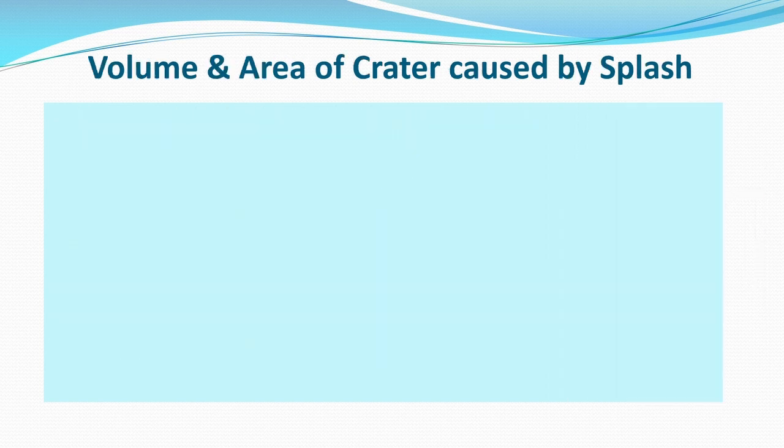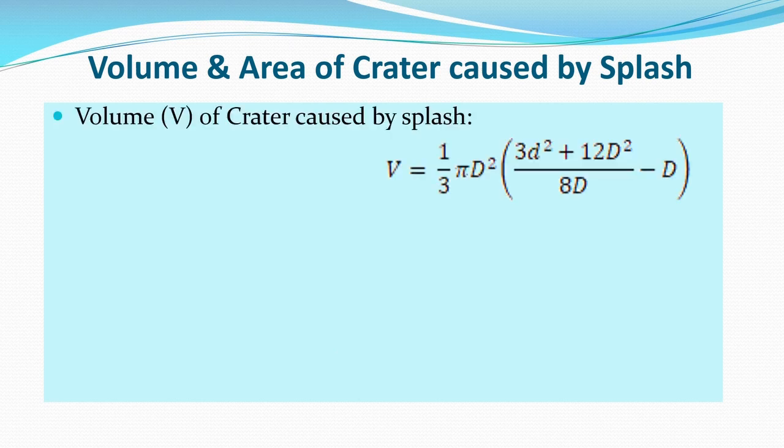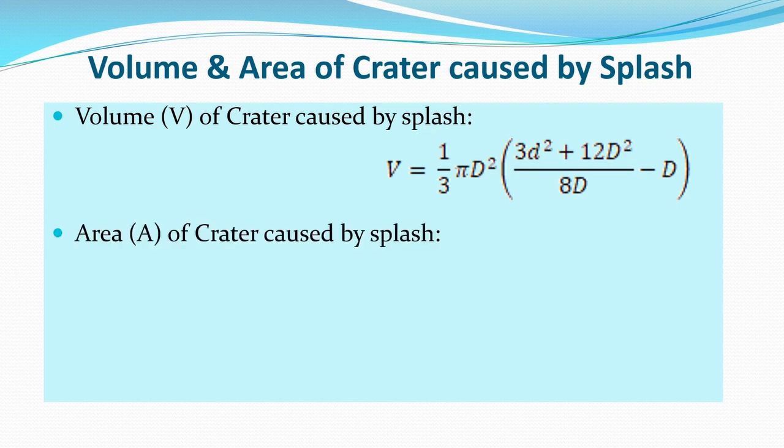using this mathematical relationship. Now, volume and area of crater caused by splash. Volume of crater caused by splash can be mathematically expressed as V equal to 1 by 3 pi d square, in brackets in the numerator 3d square plus 12d square divided by 8d minus d.